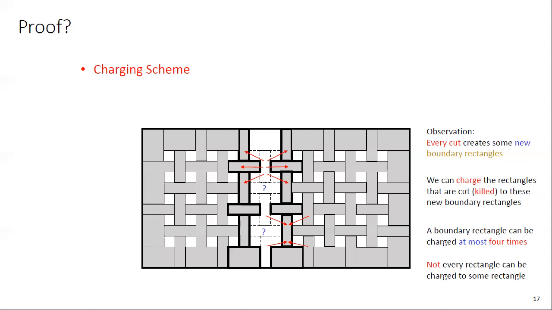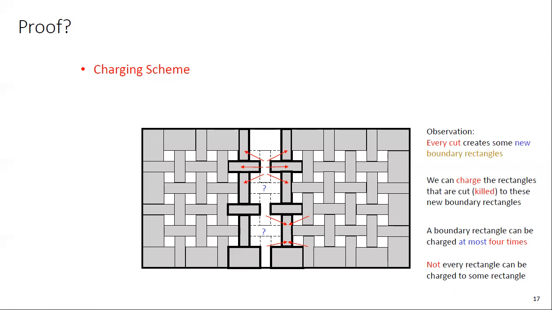I will show later in more detail how we do this charging. But basically, when we charge someone, we identify one of its corners, and we make sure that a corner is charged only once. That's the strategy, and that's why there is this 4 times, because we charge a corner.